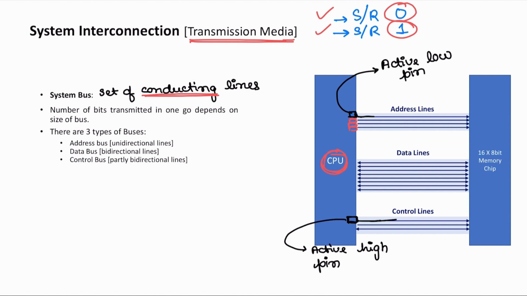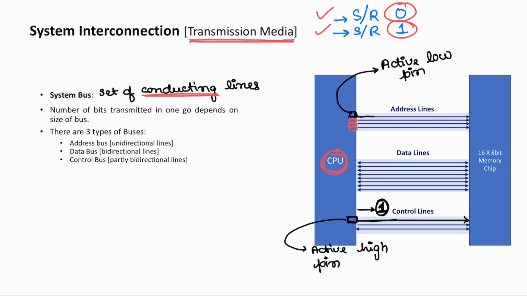In that case, if the CPU wants to send bit value 1, it will pass a current through this conducting line. That just means it is transmitting one bit of information, and the value is 1. I hope this is making sense.